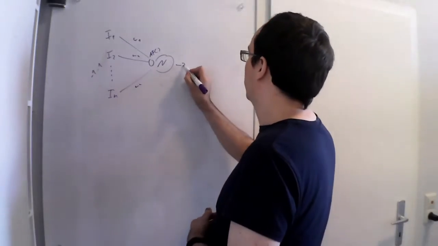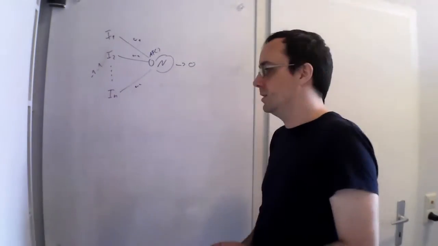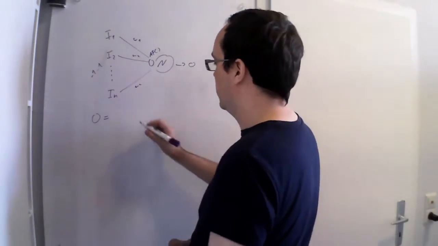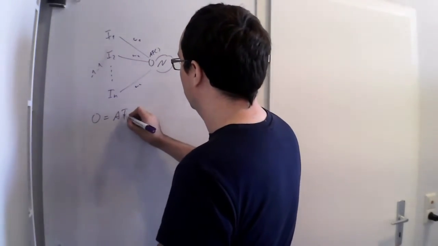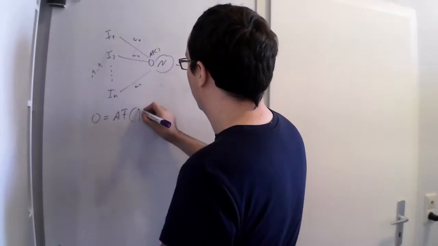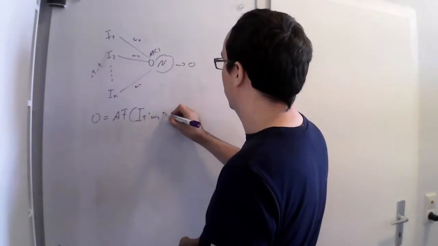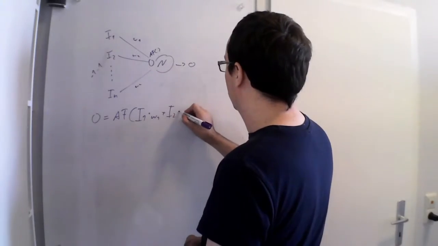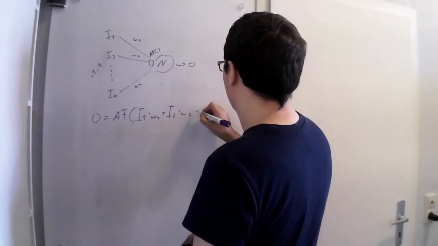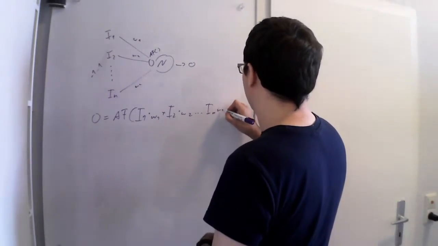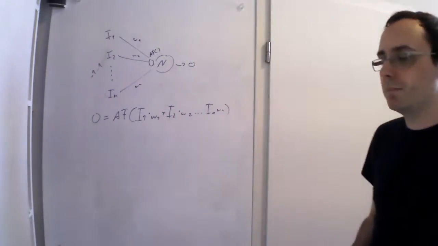And that gives you your output. So basically, the output of the neuron is the activation function of input 1 times weight 1 plus input 2 times weight 2, all the way to input n times weight n. Of course, that makes sense.